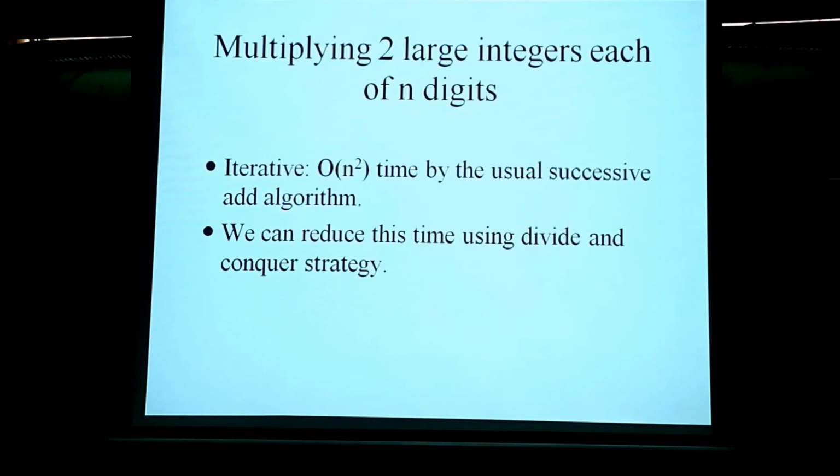So now let's look at an algorithm for multiplying two large integers, each of n digits. How do you multiply two integers?